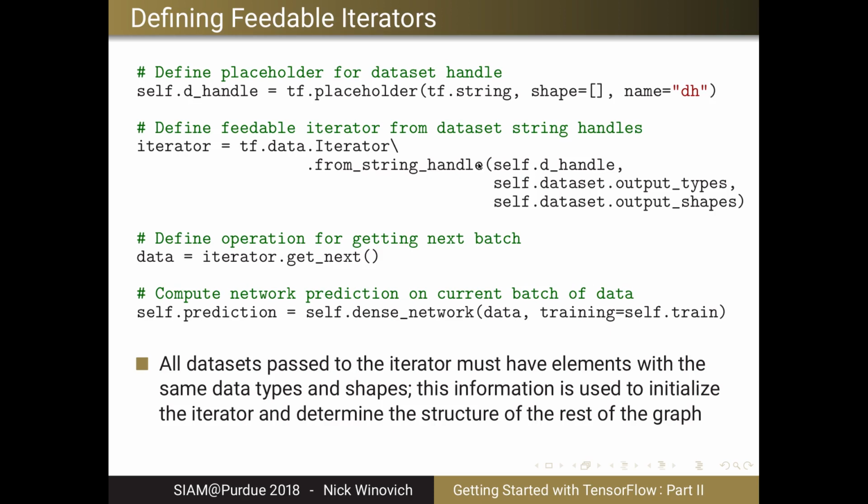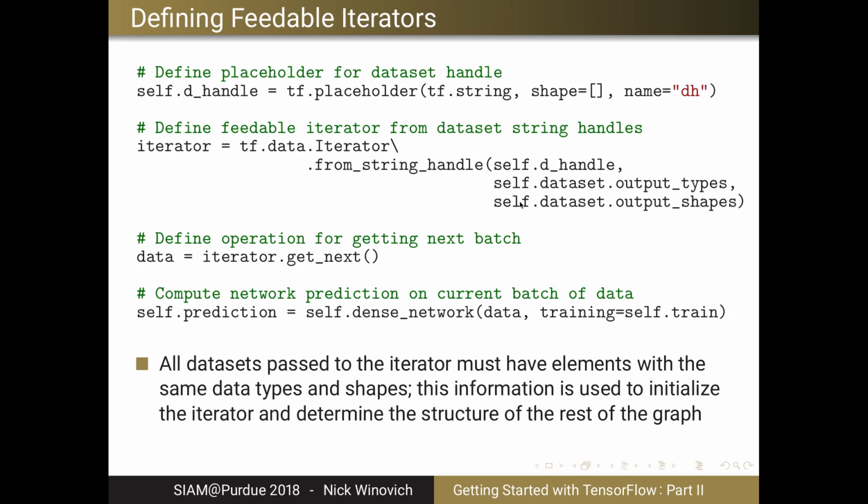Okay, so this might be something along the lines of training, and it'll say, okay, we're going to the training data set, and we want to get the next batch. So that iterator.get_next will get the next batch, and we'll make a prediction from that data, the next batch. But maybe the next step, we want to apply this to a validation data set. So we'll instead feed validation, but none of the remaining code has to change. Everything is still the same.